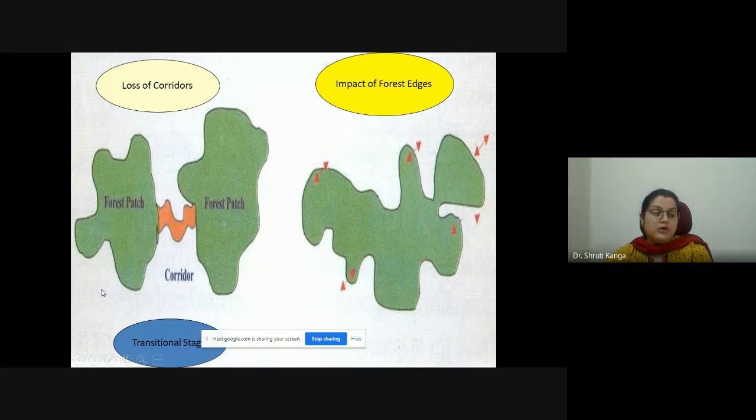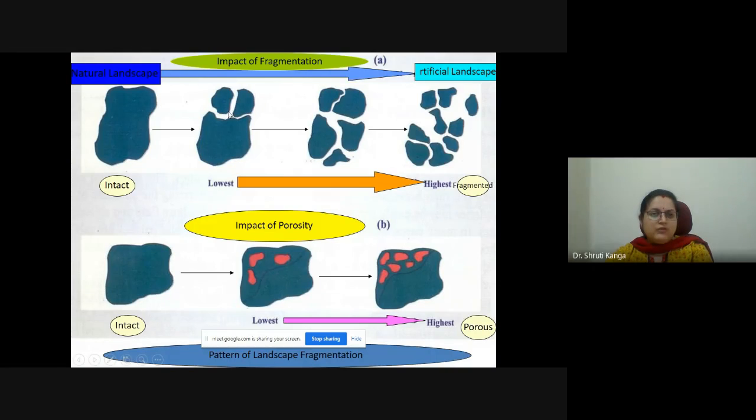Then loss of corridor. Obviously, when we have fragmentation due to any land use class, suppose we have set up an industry just inside this forest, obviously if there is a factory, we need roads to connect it with the other sites where these products will be sent. So we have to come up with road networks inside those areas.